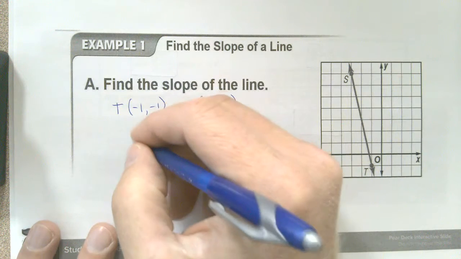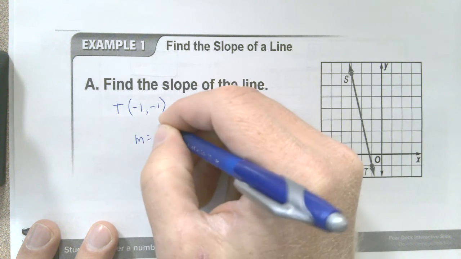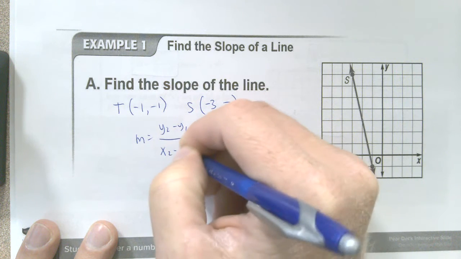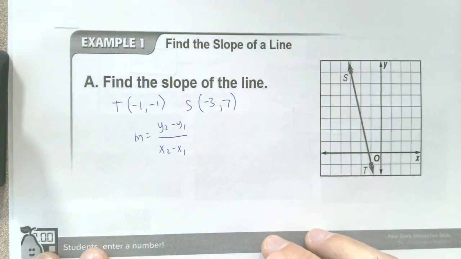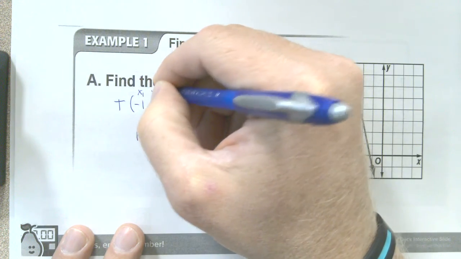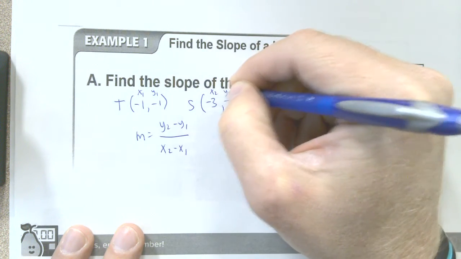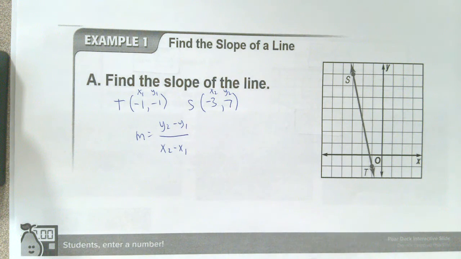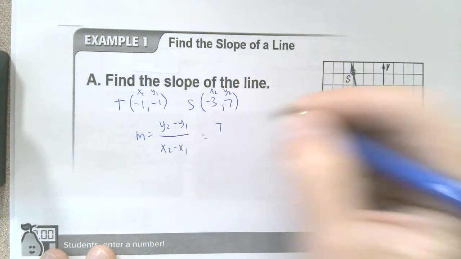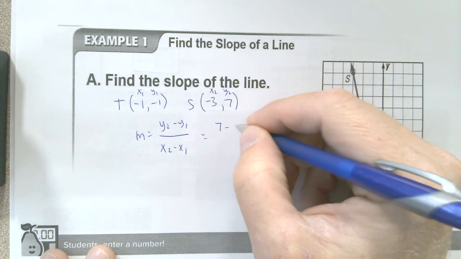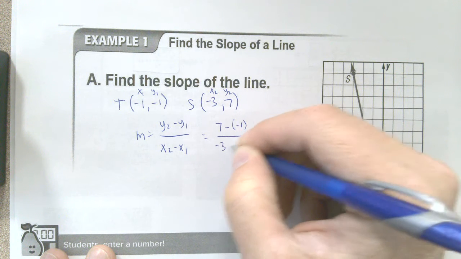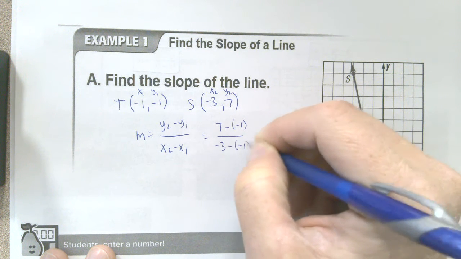Again, remember our formula is y2 minus y1 over x2 minus x1. If I label my points, here's x1, y1, x2, y2. If I fill them in, I get 7 minus a negative 1 over negative 3 minus a negative 1.